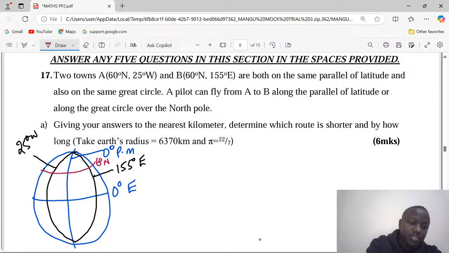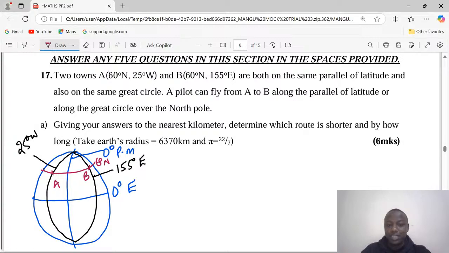Now this means with A here and B at this point, we can first calculate the distance across the North Pole, whereby that is a great circle. Generally, when places are on supplementary longitudes, that is longitudes which add up to 180, for example 25 in the west and 155 in the east, the angle between them is 180.